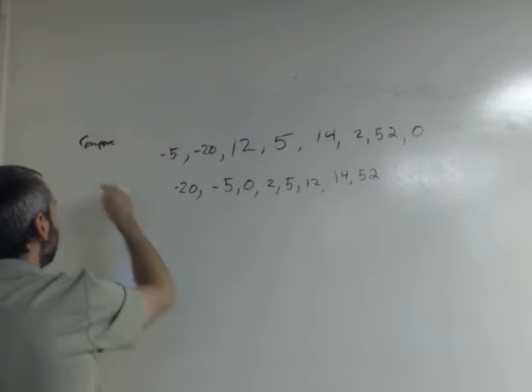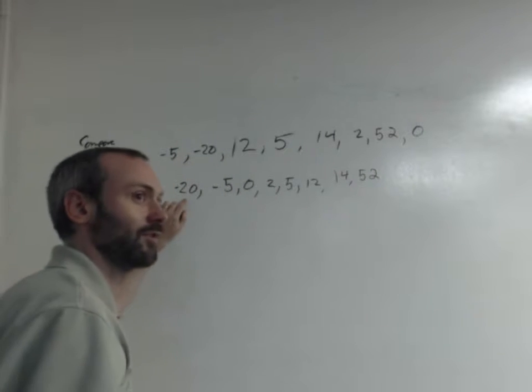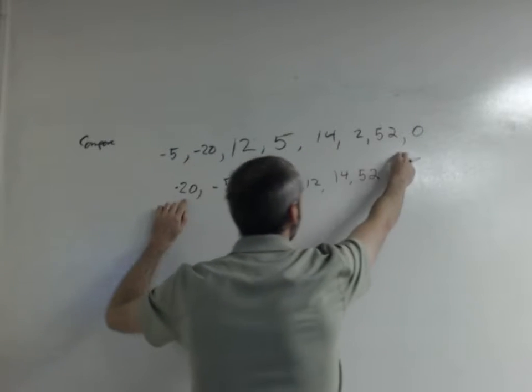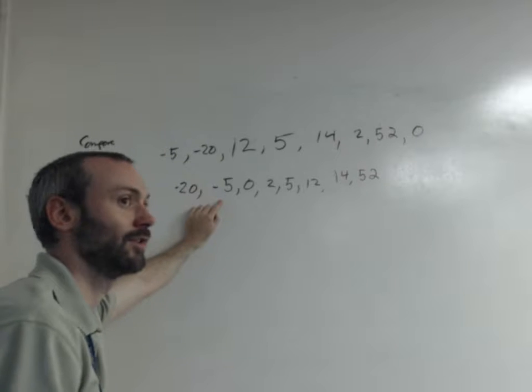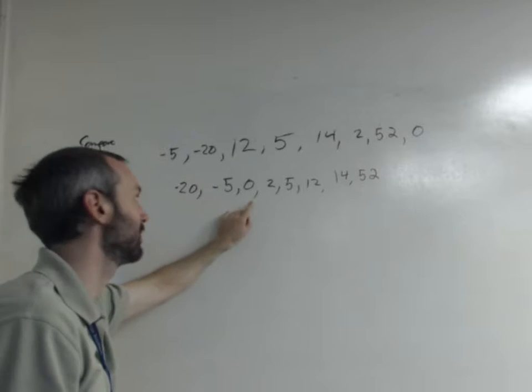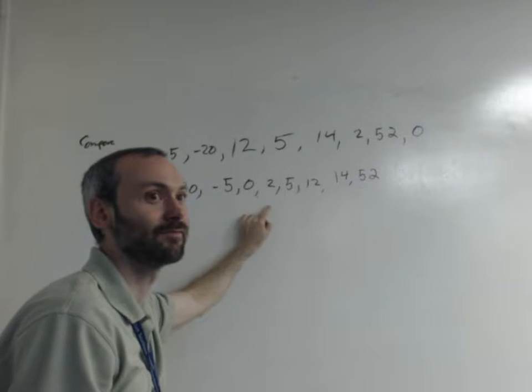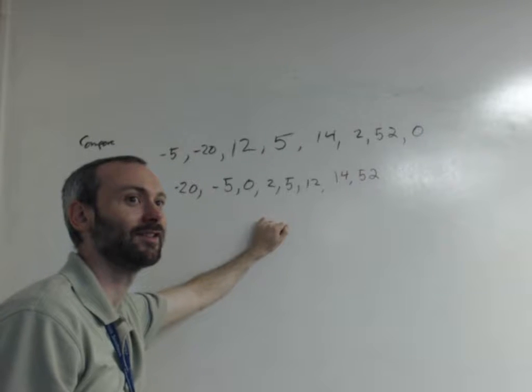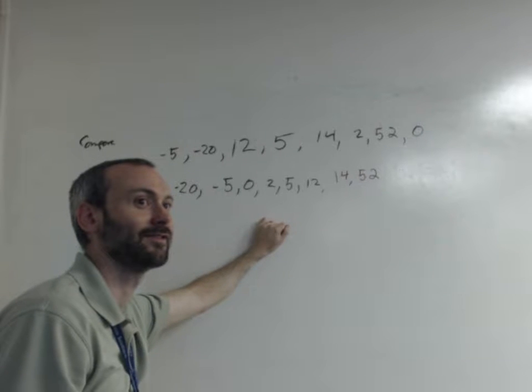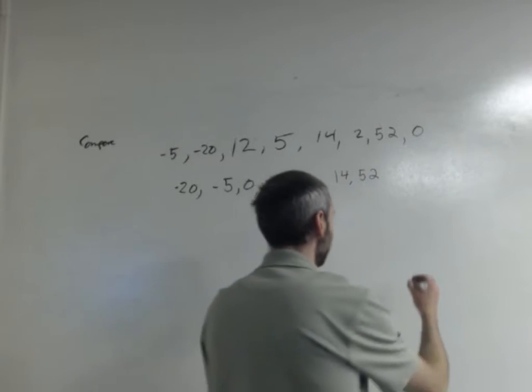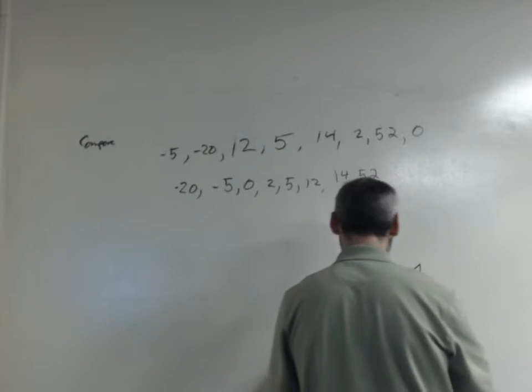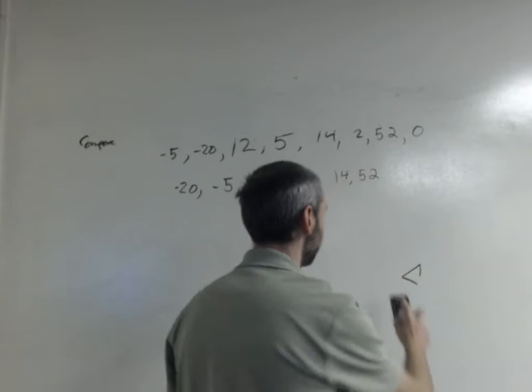So it took O of n to find this one, number of comparisons, because we had to compare the whole list. How about to find negative 5? N minus 1. N minus 2. So on. So what's the big O of that? That's a lot of n's.